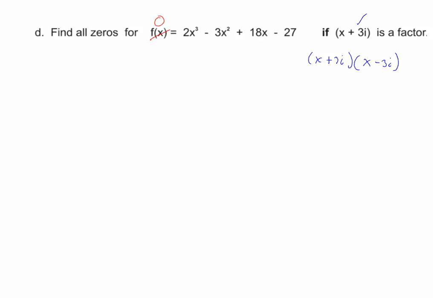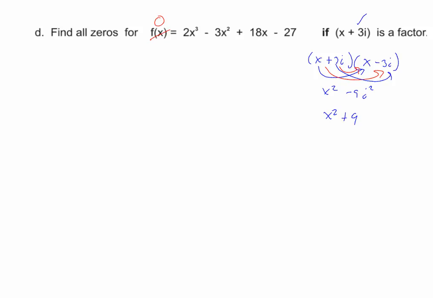So let's figure out what you get here. You get an x squared. Again, I just want to remind you, the outers plus the inners always equals 0 for a difference of two squares, because you get a negative 3xi and a positive 3xi. But the back term here is a negative 9i squared. So x squared minus 9i squared is actually x squared plus 9.